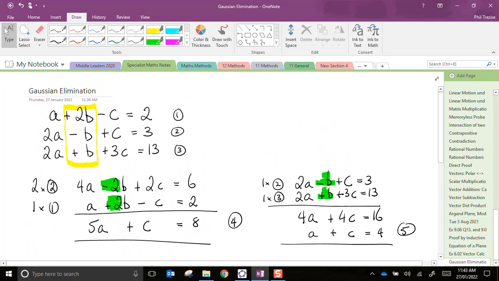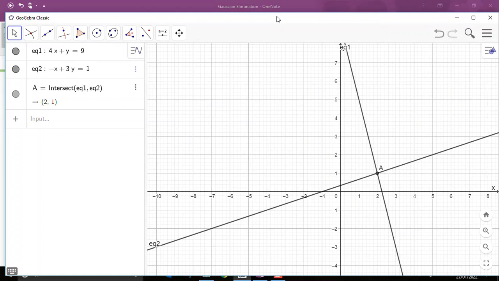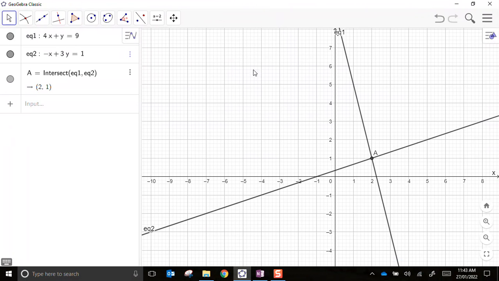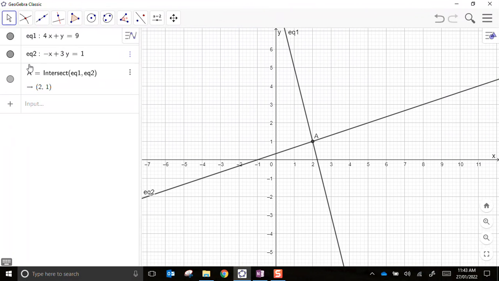Now, I do want to have a little bit of a discussion here while we're here about going back to a 2 by 2 system for a moment. You would have seen this in prior learning: in a 2 by 2 case, we can use a graph to represent these linear equations. So my first one, 4x plus y equals 9, that's equation number 1 here.